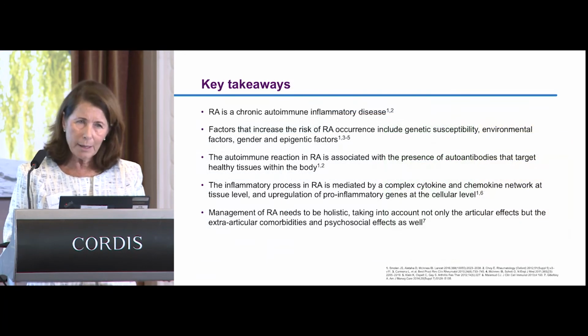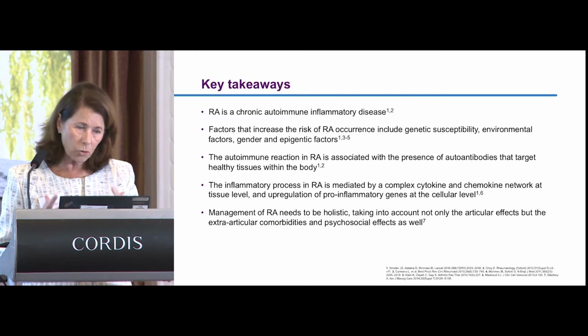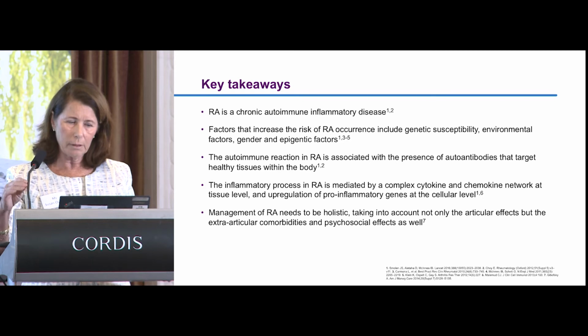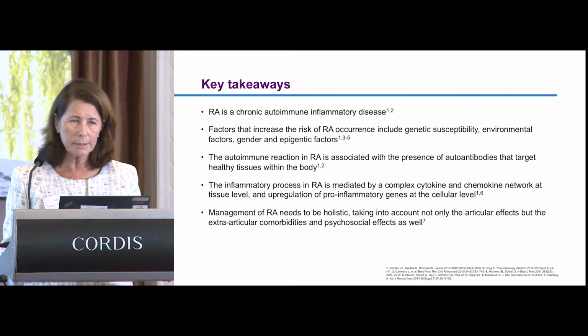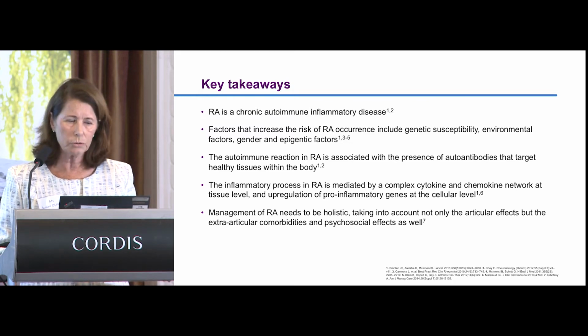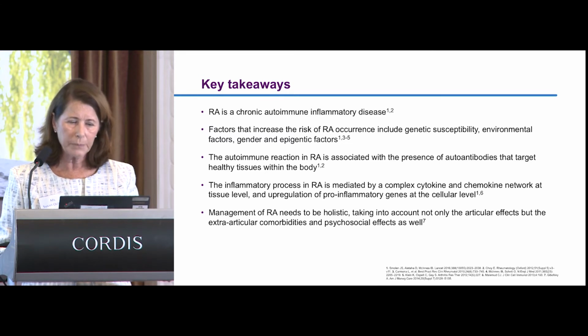My key takeaway messages from this little section are that RA is a chronic autoimmune inflammatory disease, and we have lots of risk factors for the occurrence of rheumatoid arthritis, as you know, and we need to be mindful and understand those. The autoimmune reaction affects the healthy tissues, both within the joint and extra-articular as well.